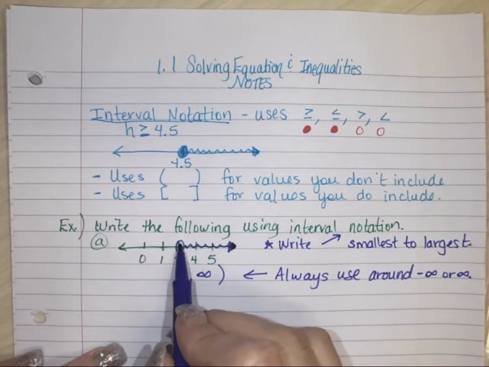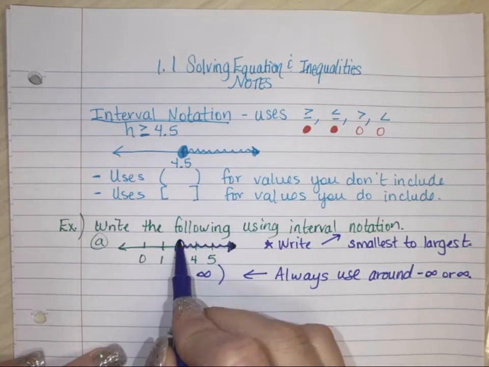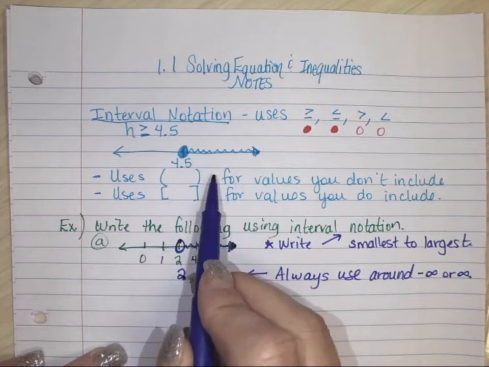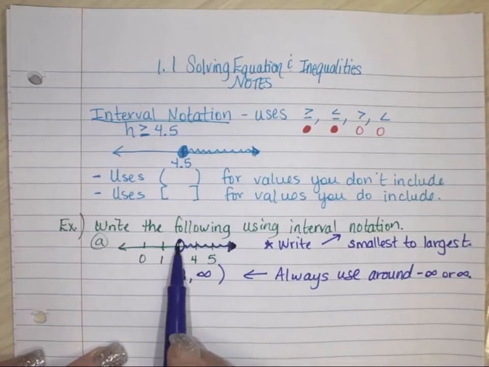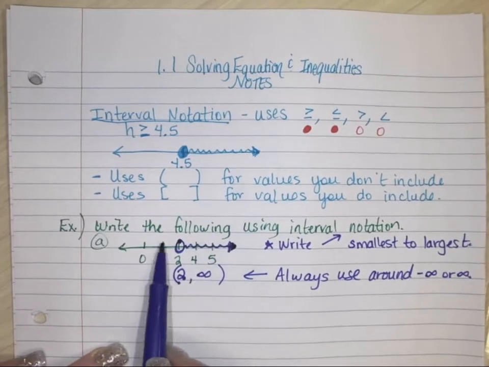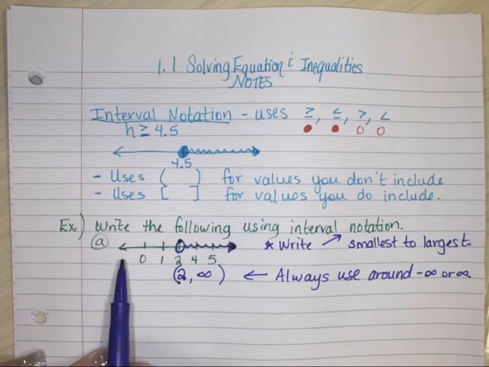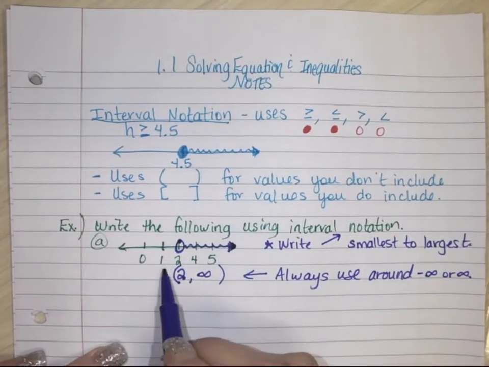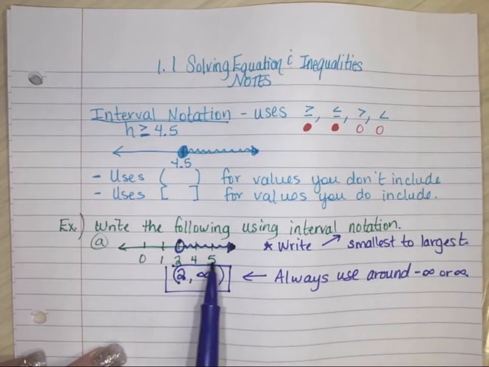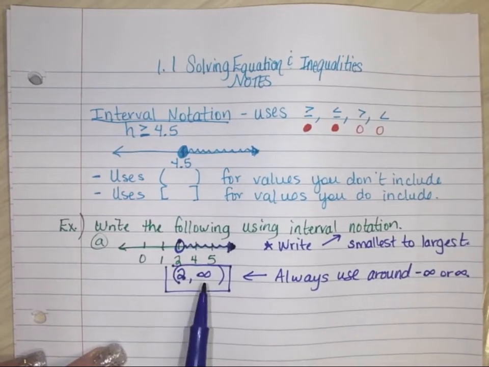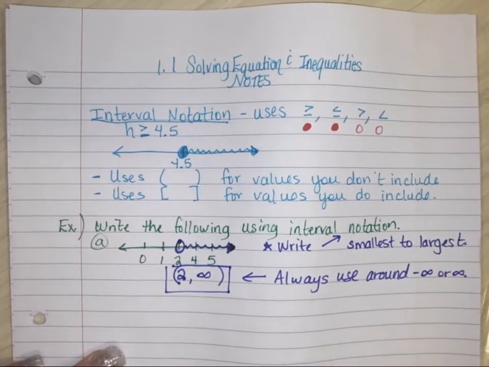So at 2, notice that it's an open hole, so in this case, I use parentheses. So parenthesis 2, because it's open at that value, that's my farthest left point on the number line, and it goes right forever. So that is how you would write this solution set in interval notation.